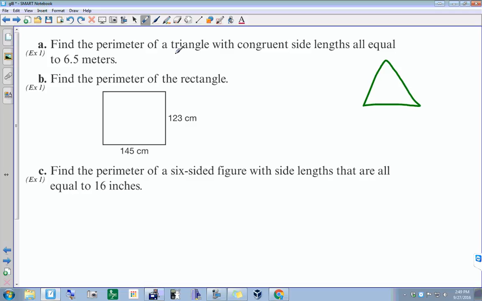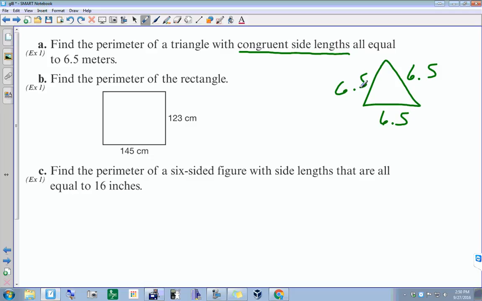The perimeter of a triangle with congruent side lengths. So that means 6.5 here, 6.5 here, and 6.5 there, correct? So what would that add up to then? But isn't that the perimeter then?